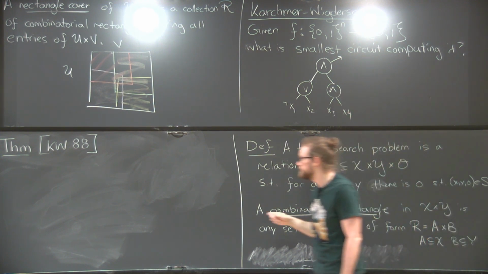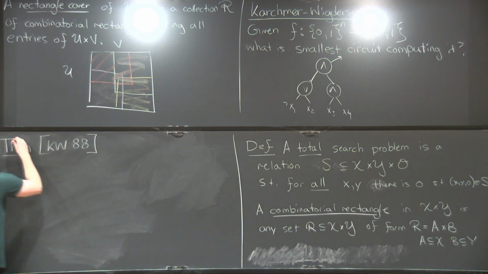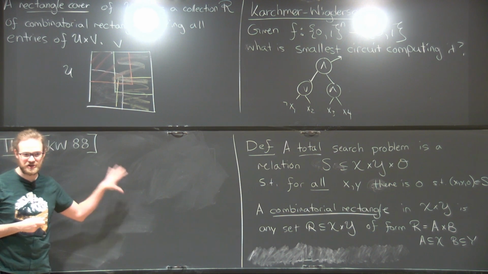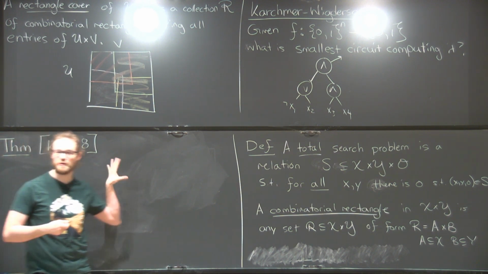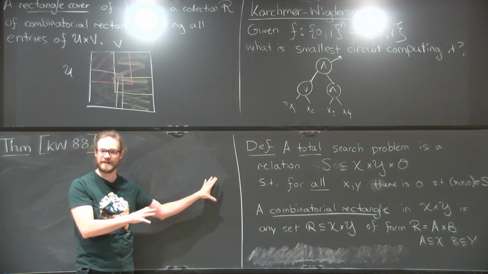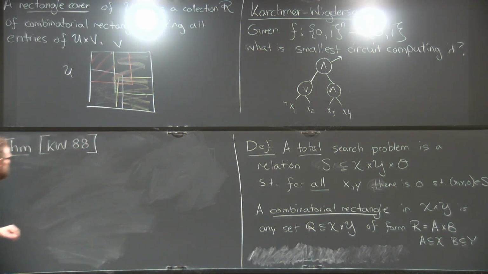Probably a lot of people have seen this, but what I want out of this theorem is more than just the depth. We're going to argue something much stronger: the structure of the protocol is going to be isomorphic, completely the same as the structure of the smallest formula that computes f. But I'll say what I mean by that in a second.